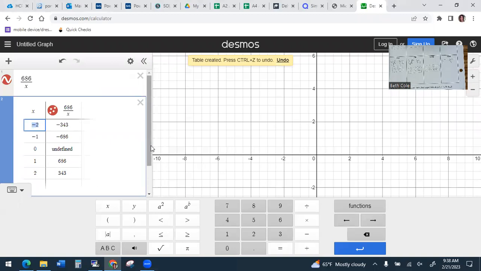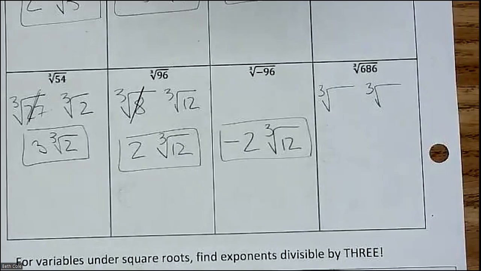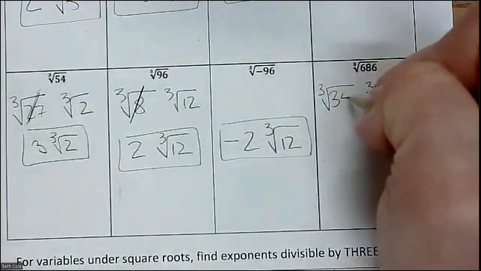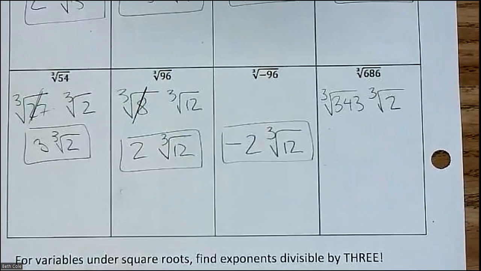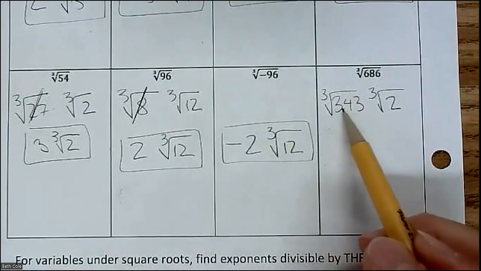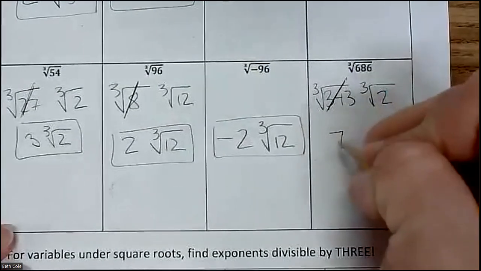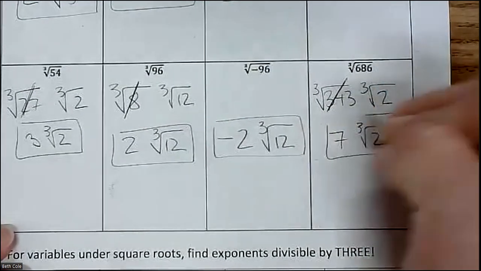Oh, actually, you don't need to go any further. I see one that works already. 343. Do you see the 343 and 2? Don't go crazy hitting enter. You want to do it slowly so that you can actually see what you're looking for. So 343 times 2. And then what is your cube root of 343? Is 7. Good. So 7 cube root of 2.